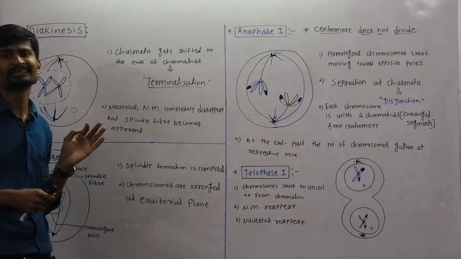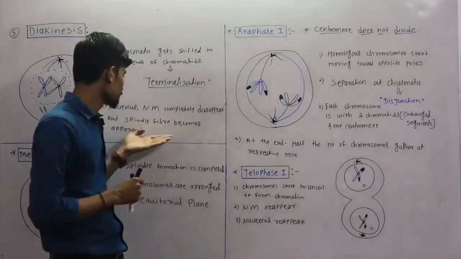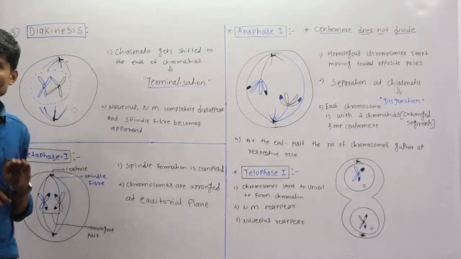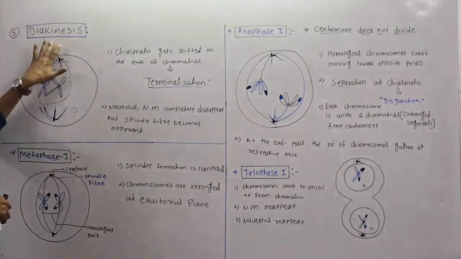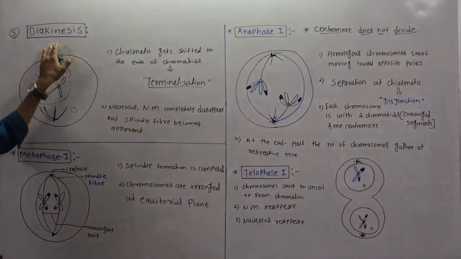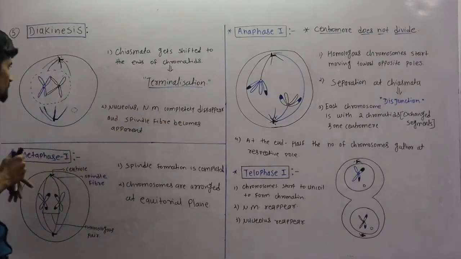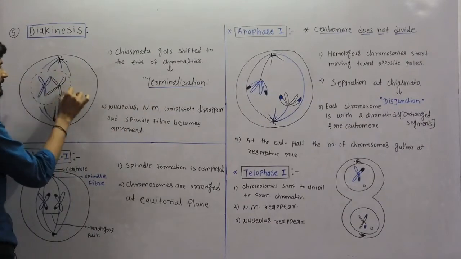Another point is the nucleolus, because in the first stage of the prophase, that is leptotene, there is no dissolution of the nucleolus and nuclear membrane. So all the process of dissolution occurs in the diakinesis step. The nucleolus and nuclear membrane start to disappear, that is why I am showing them in dotted line.